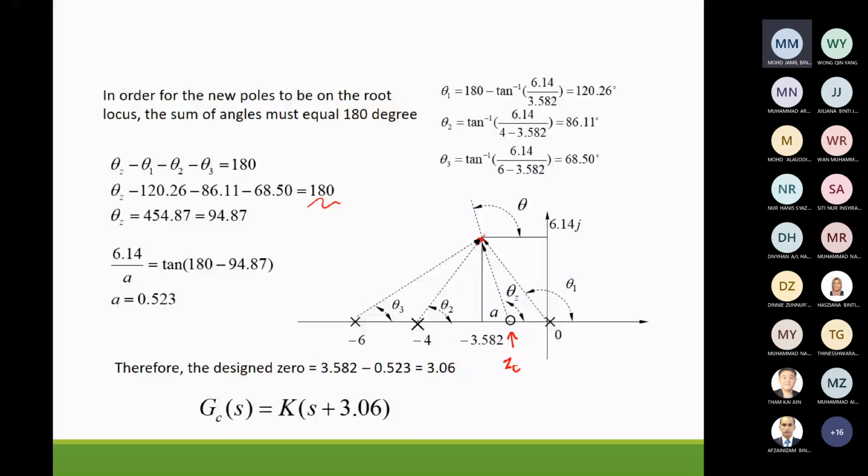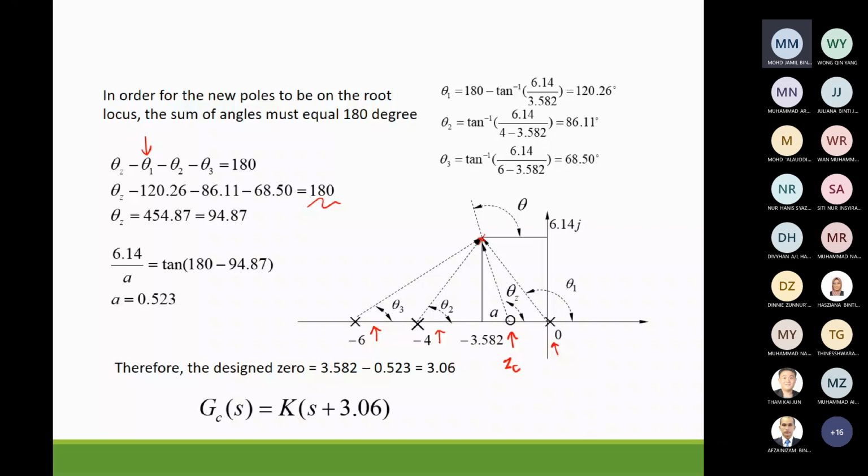In this example, we only add one ZC. The angle θ1 is from this pole here, and θ2 and θ3 are from the other poles.